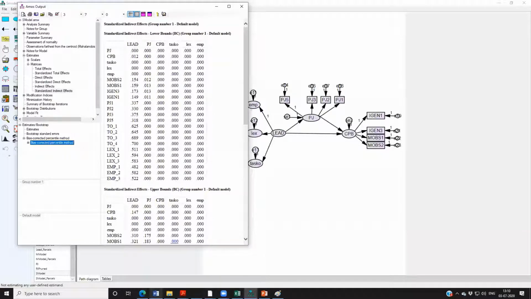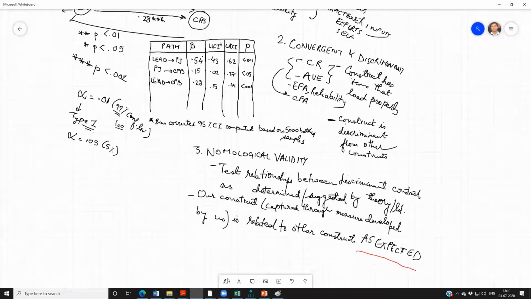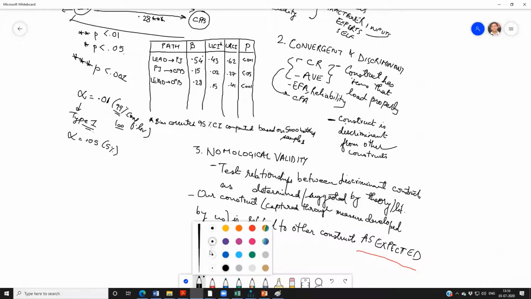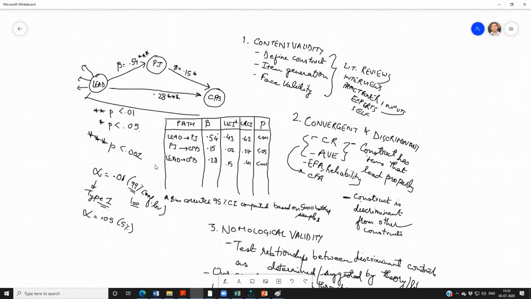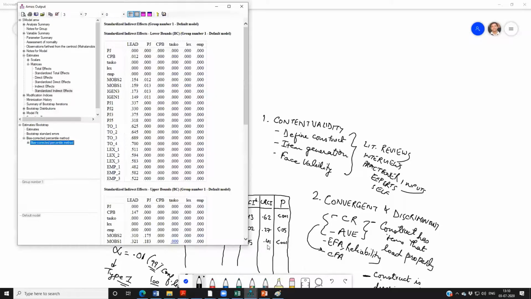When you are reporting your mediation result, you will say the indirect effect of lead on CPB is equal to 0.08, and the bootstrap 95% confidence interval ranges from a lower bound of 0.01 and an upper bound of 0.15.